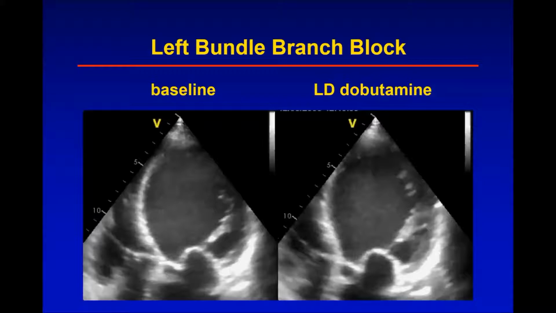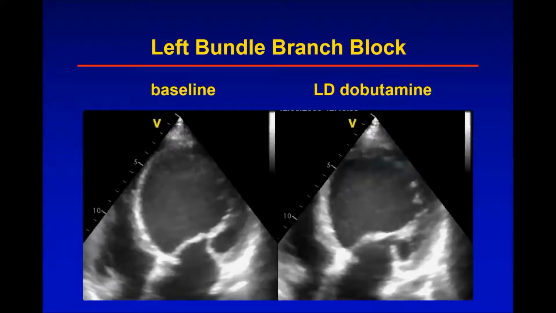You see more flash, you see more rocking, but the contraction of the chamber, the ejection fraction, the work that is performed towards the outside world doesn't change at all, because this left bundle branch block is a condition where the walls work against each other.